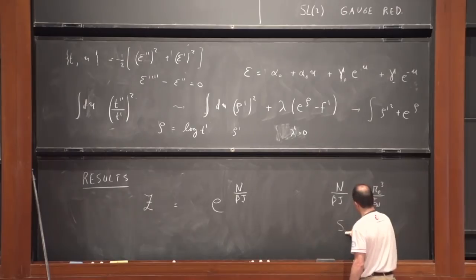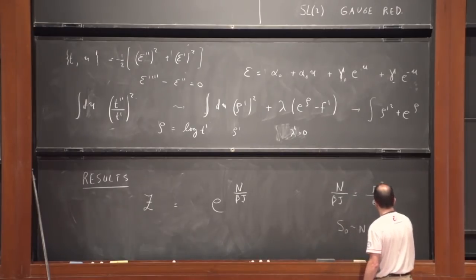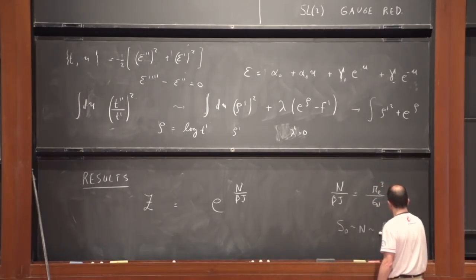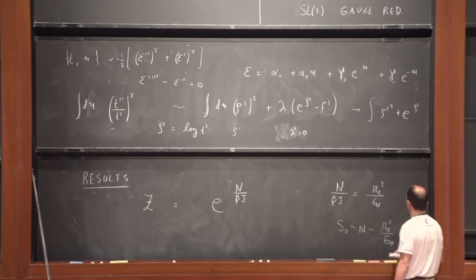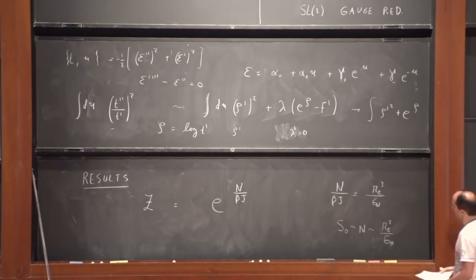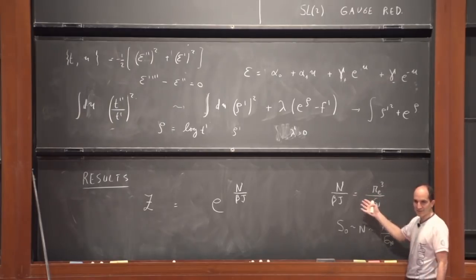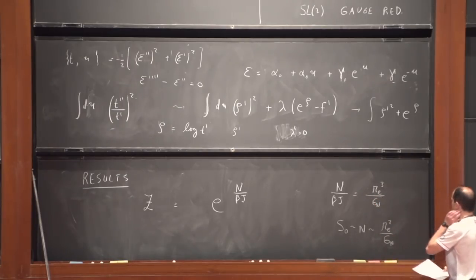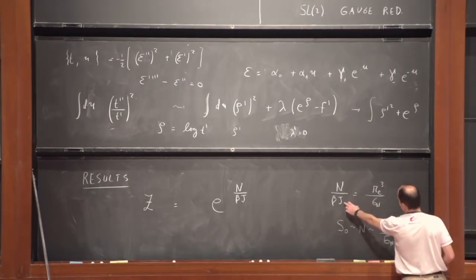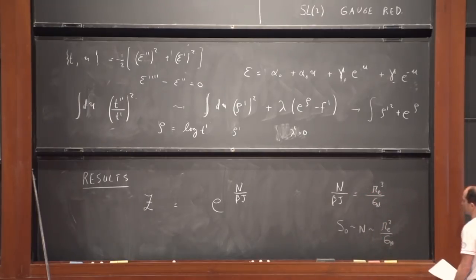And the extremal entropy S0, which goes like N, would be the extremal value divided by G Newton. So this is how you would relate the problems on the two sides. You can think of N as this, and then 1 over J as R_E, the extremal value of the radius.